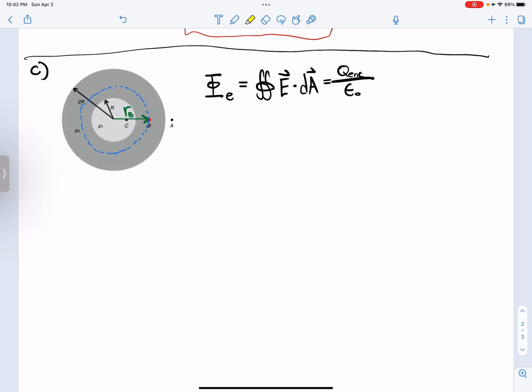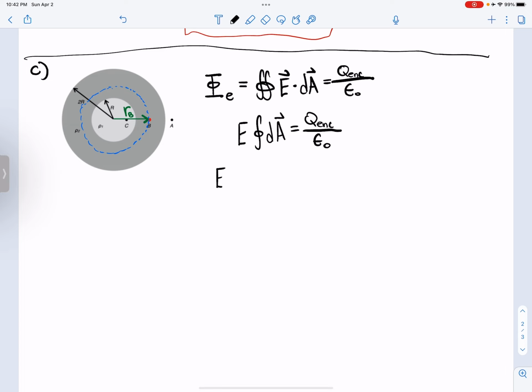All right, so the E is going to be constant, so I'm going to take it out, right? For the same reason as I mentioned in part B. That's going to be E times the surface integral of dA, which is equal to charge enclosed divided by epsilon naught. Okay, what is my Gaussian surface area? That's going to be the surface area of a sphere, which is 4 over 3 pi r cubed.